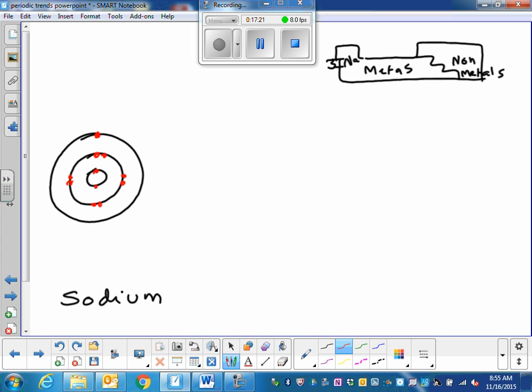All right. Sodium is a metal. What is the state of the substance? Is it a solid, liquid, or gas? It's a solid. Okay? So what will happen if you take sodium and drop it into a container with water?